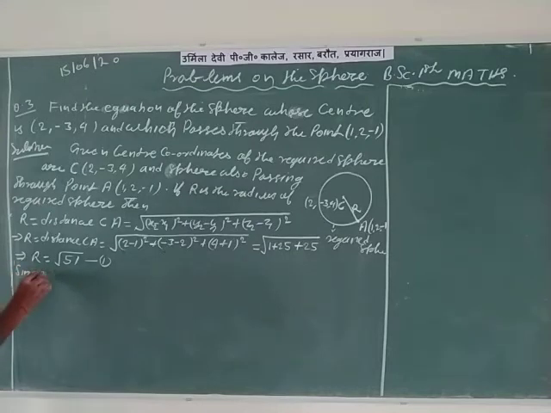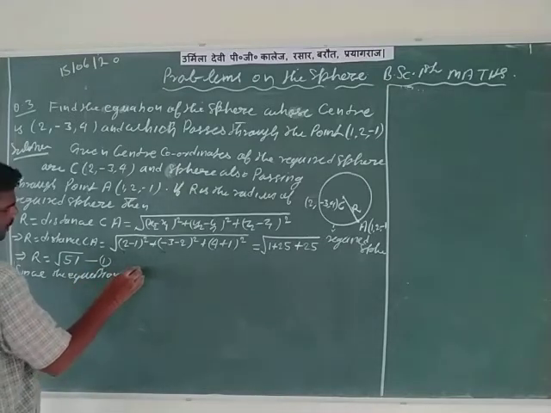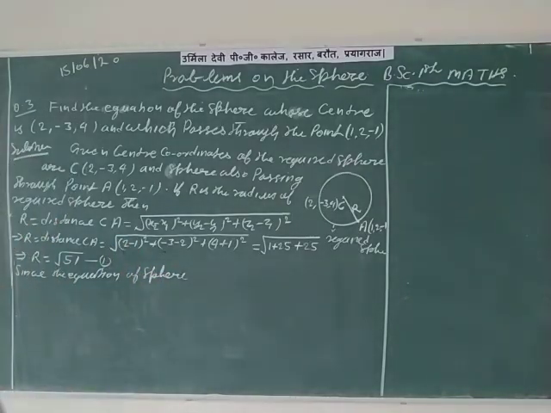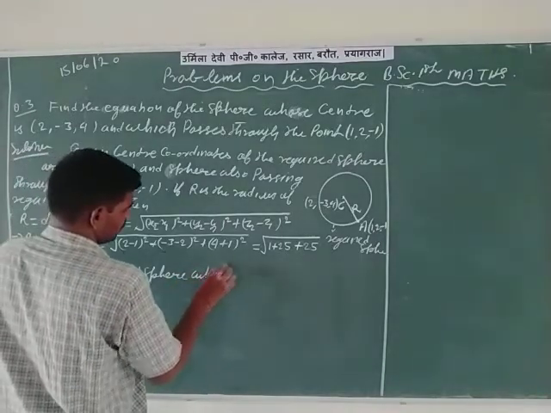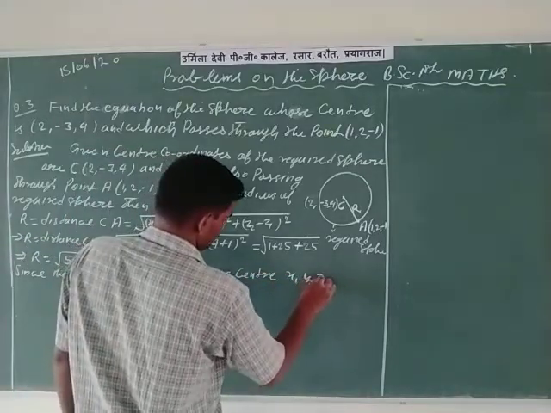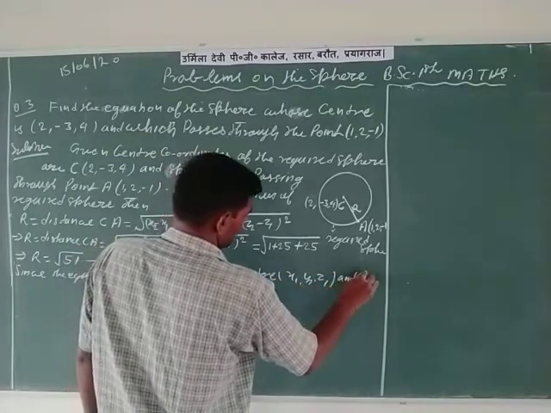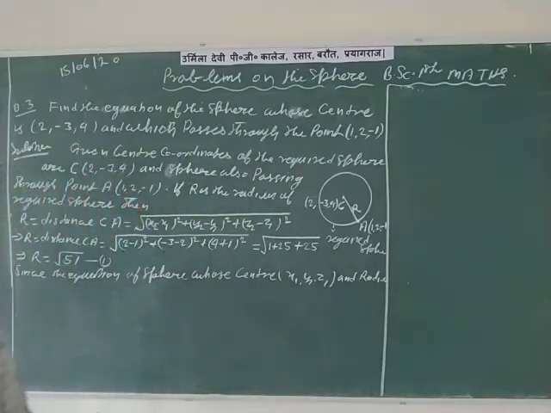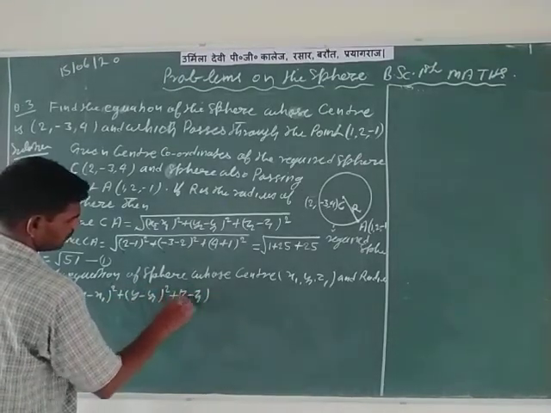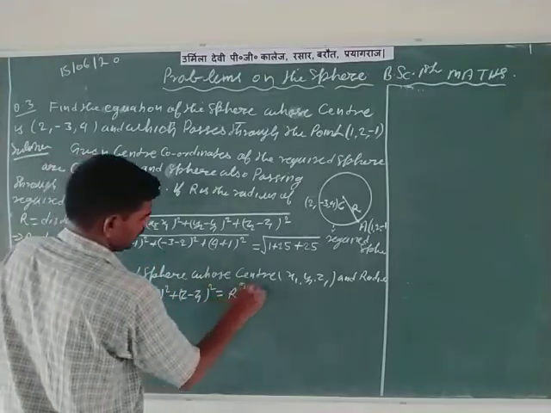Since the equation of the sphere whose center coordinates are x1, y1, z1 and radius is R, is (x minus x1) whole square plus (y minus y1) whole square plus (z minus z1) whole square is equal to the radius square, R square.